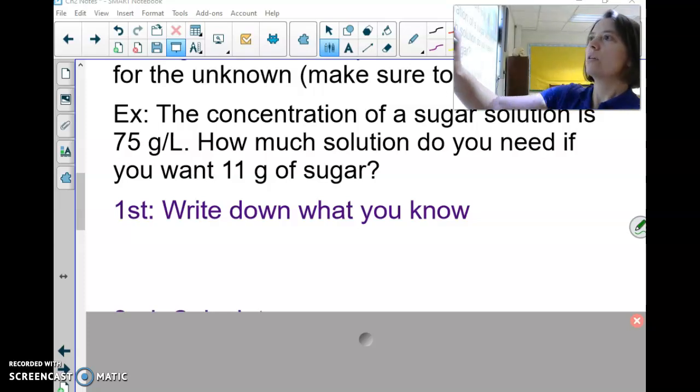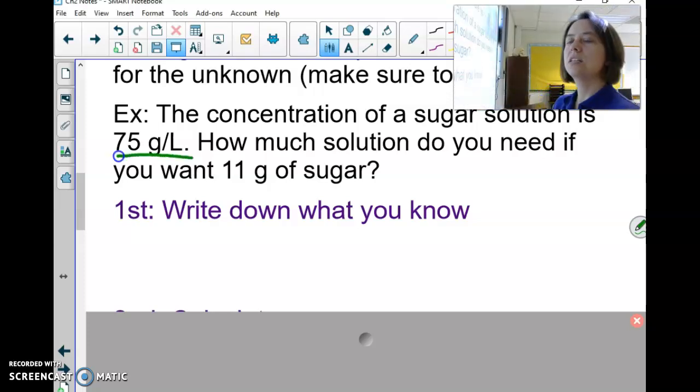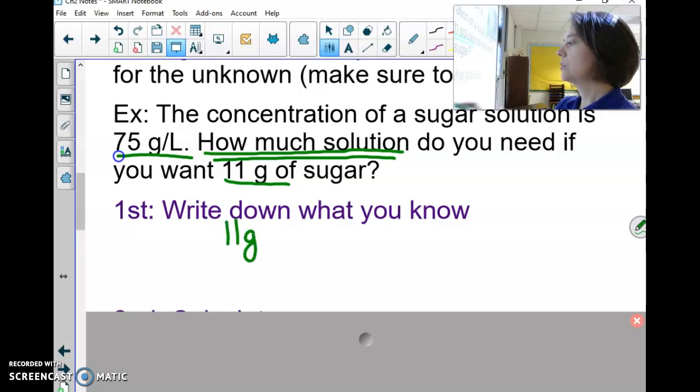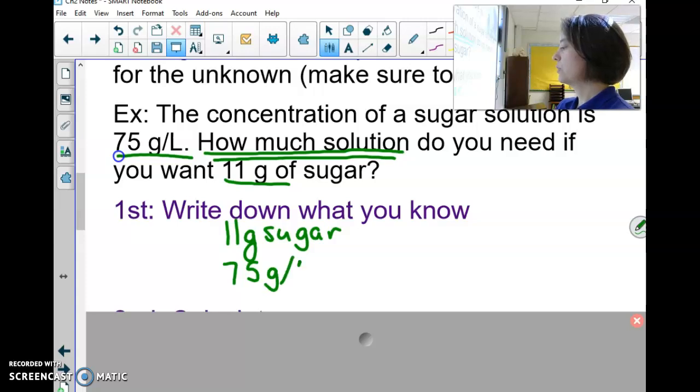We know that the concentration is 75 grams per liter, and we know we have 11 grams of sugar, and we're trying to figure out how much solution. So I know I have 11 grams sugar, and I know I have a concentration of 75 grams per liter. And my question mark is how much?